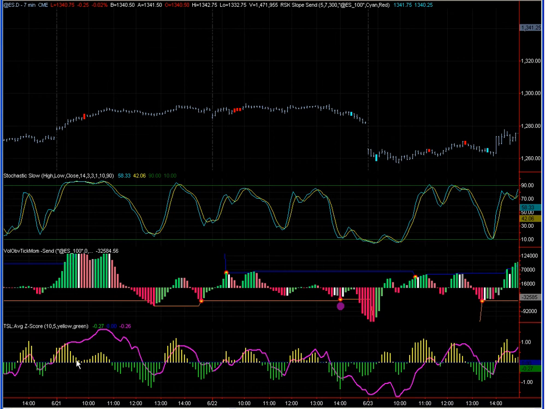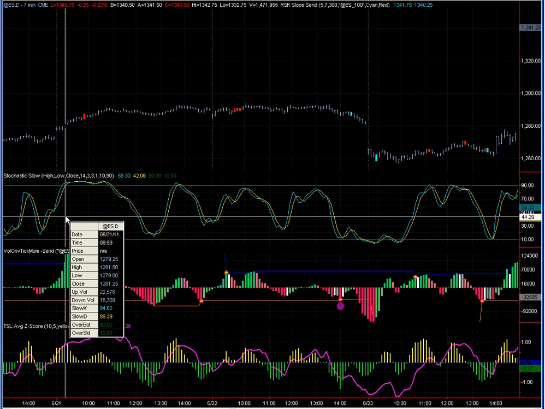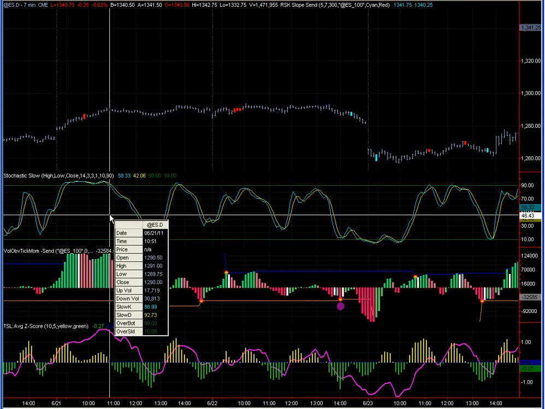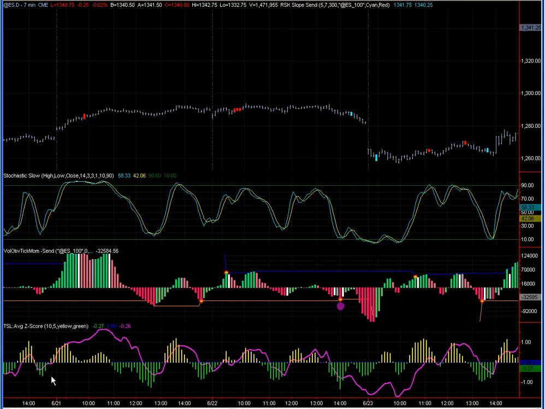So, unlike the stochastic, where you're looking to short the market, when we use the Z-score, anytime the average Z-score, magenta-colored line, is above the 0 line, we're long. If it drops below the 0 line, then we look at it as a short trading opportunity.